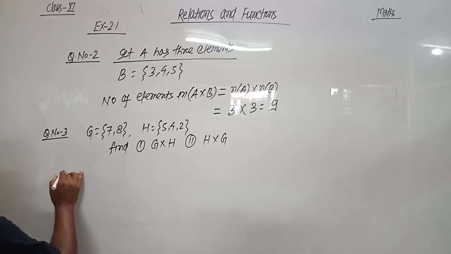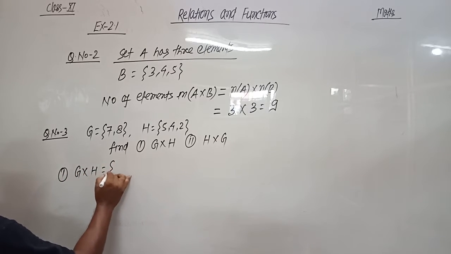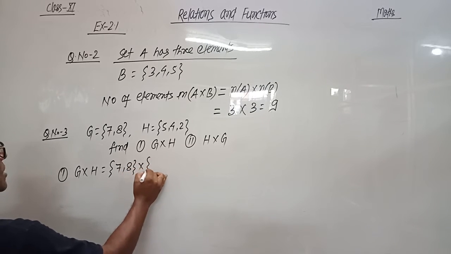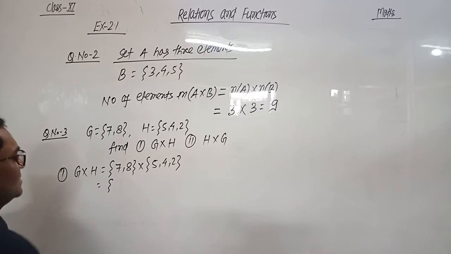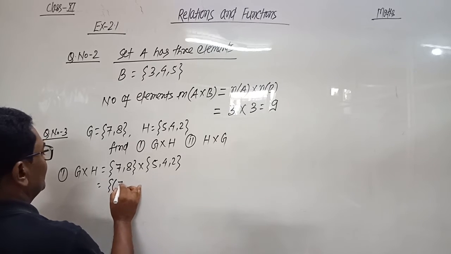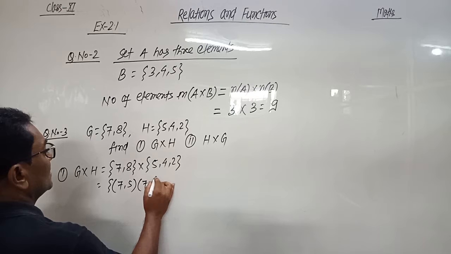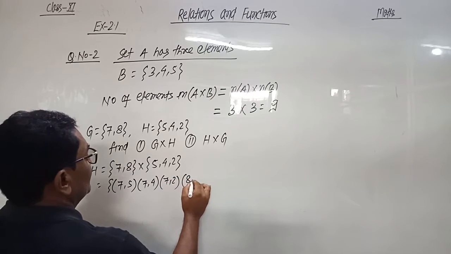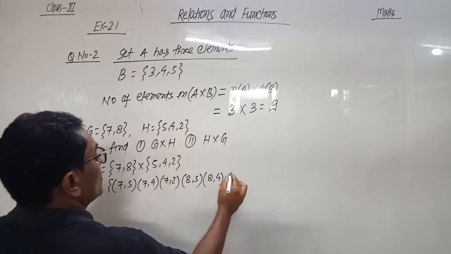So for finding G cross H, we write the elements of G and H: {7, 8} cross {5, 4, 2}. Then write in ordered pairs: (7, 5), (7, 4), (7, 2), then (8, 5), (8, 4) and (8, 2).